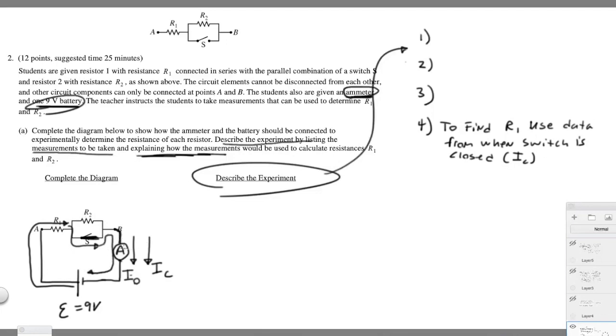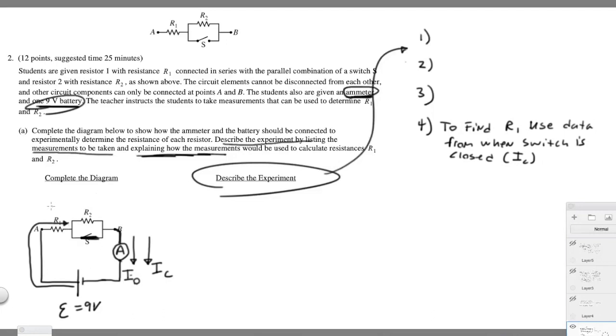Oh, and ammeters also have 0 resistance. So when the switch is closed, resistor 2 gets 0 current because current follows the path of least resistance, which is the path where the switch is. So we basically have 1 battery and 1 resistor.